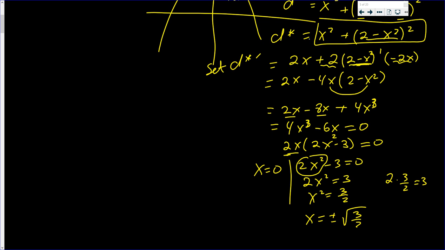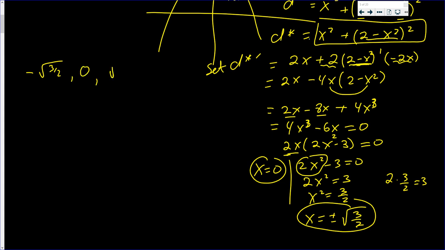Okay. So those are our critical points. We want to know which one's a min. The numbers in order, the smallest is negative the square root of 3 halves, 0, and positive the square root of 3 halves.